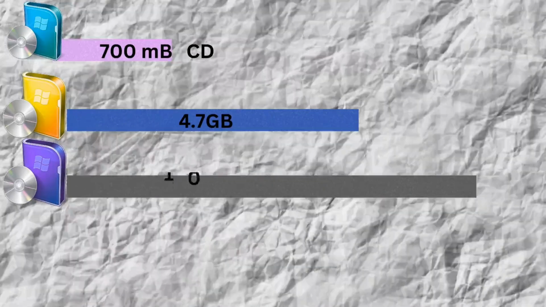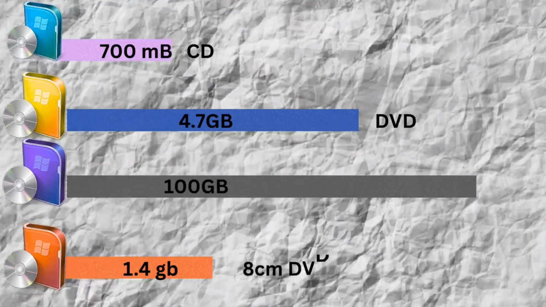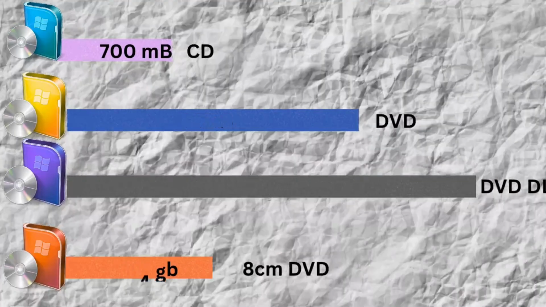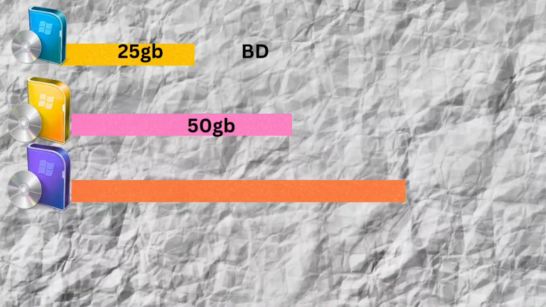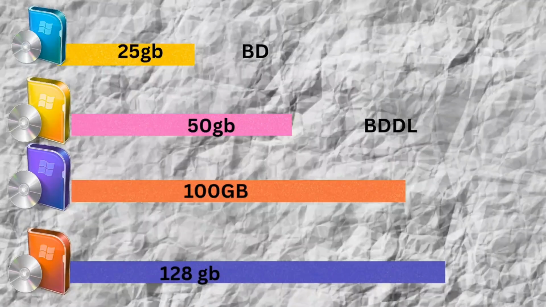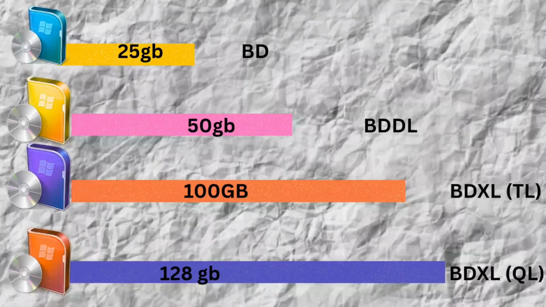The capacity of each CD is 700 megabytes, a DVD has 4.7 gigabytes, an 8 cm DVD has 1.4 gigabytes, and a DVD DL has 8.5 gigabytes. The Blu-ray disc variants come in 4 types: the basic Blu-ray disc has 25 gigabytes, 50 gigabytes as BD DL, 100 gigabytes as BD XL triple layer, and 128 gigabytes as BD XL quad layer.